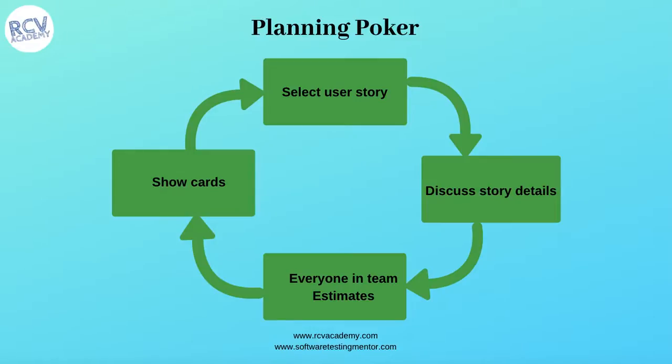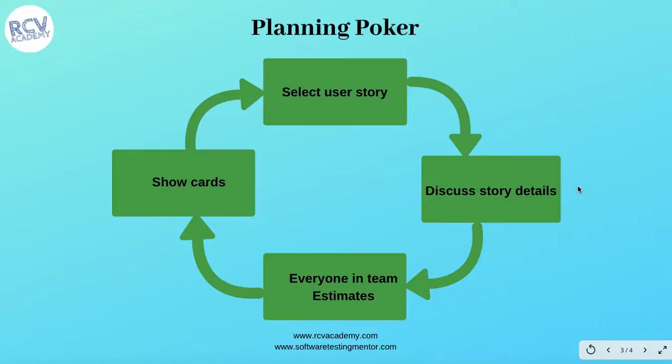Based on those justifications, the team members will come to a consensus. If not, there will be more discussion of the story, and re-estimation with planning poker can happen again until everyone in the team reaches a consensus on what the story point should be for that story.